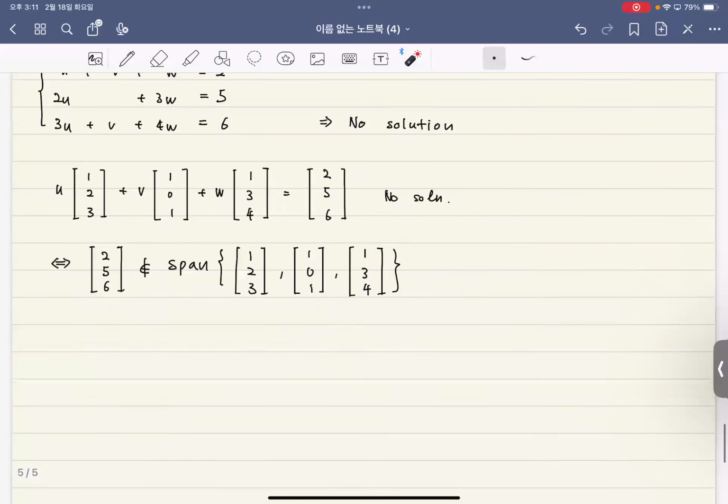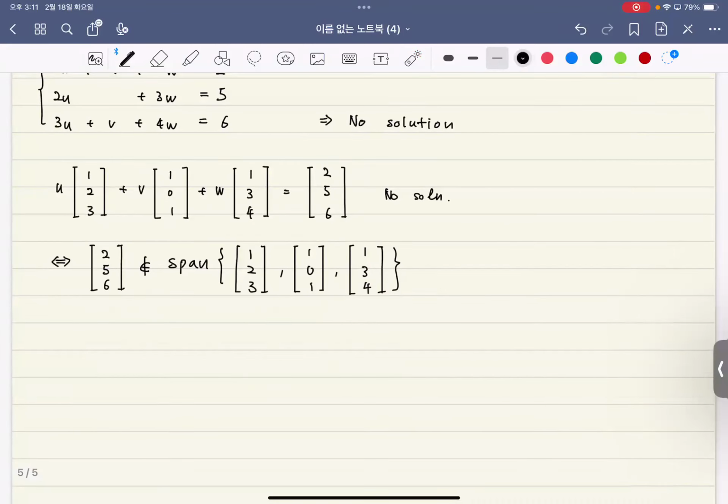Just like this. This picture is not very accurate, but this is 1, 2, 3.